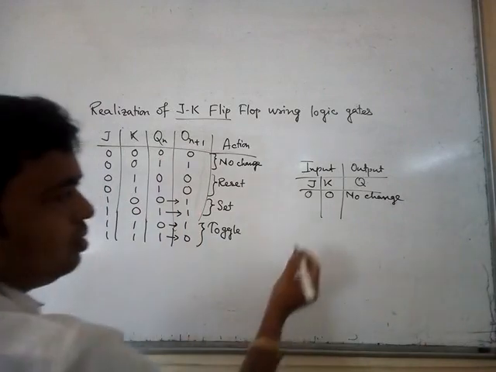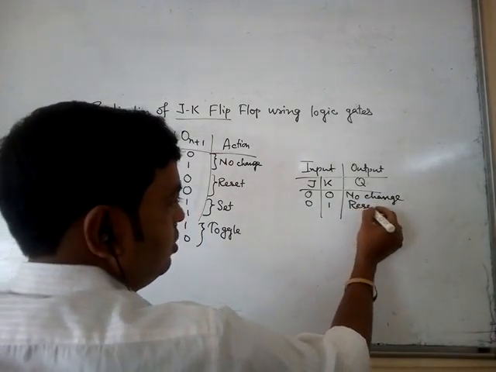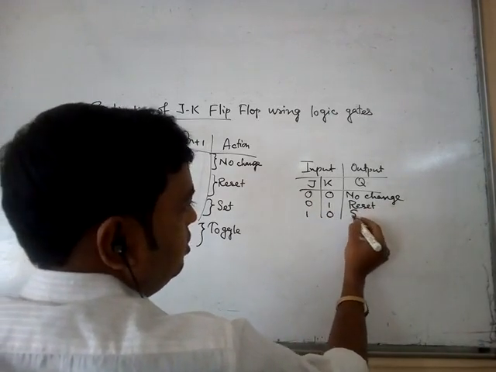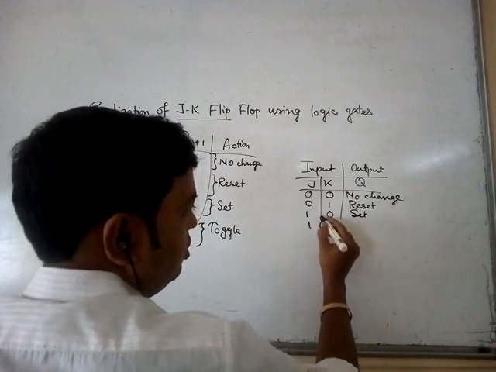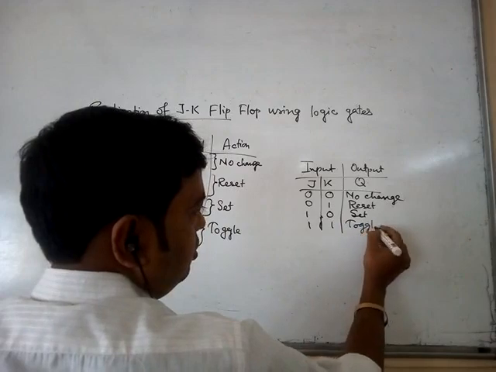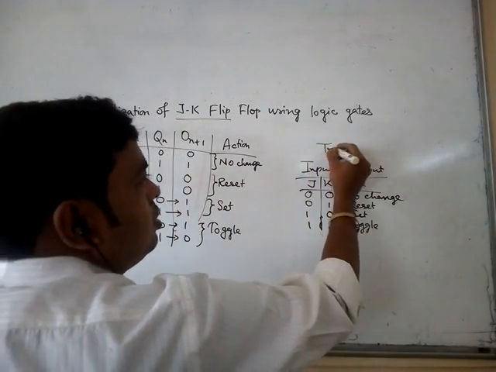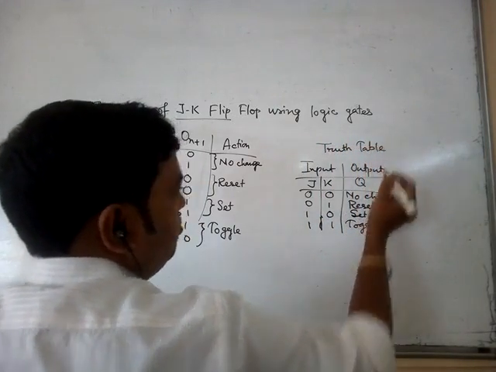For 0 1 case, it is reset. For 1 0, it is set, and for 1 1, it is toggle. So this is the truth table for JK flip-flop.